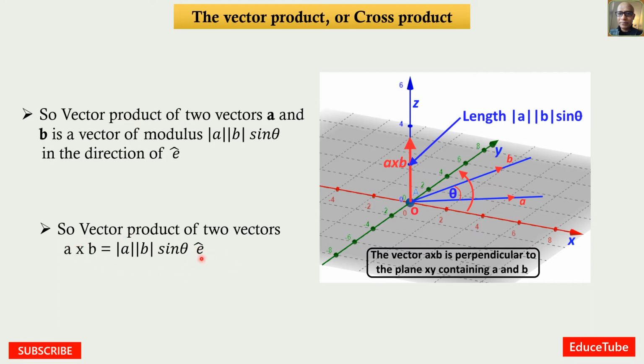That's why there will be a unit vector here. When I write A magnitude, B magnitude and sine theta, it is the modulus, the magnitude of the vector. But when multiplied by this unit vector, then it is A cross B.